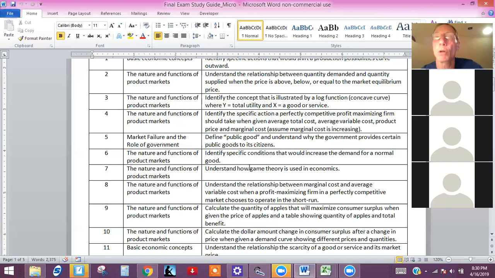And the most common type of market that we look at with game theory is an oligopoly, where you've got very few firms, and they're trying to figure out what the other one's going to do in order to decide where to set their prices and how much to produce.